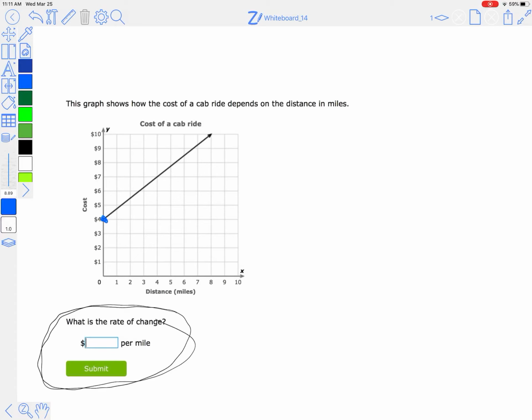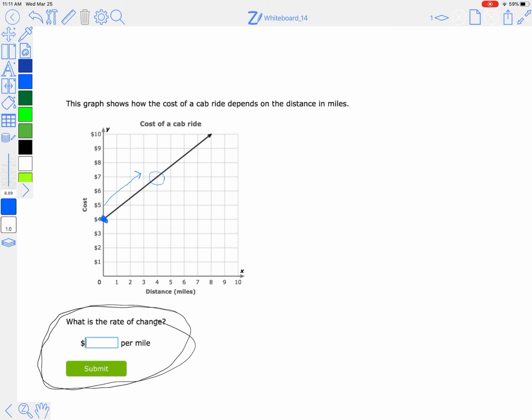And I'm going to follow up this line until I get to a nice spot where it crosses exactly on a place, and this is what I'm talking about right here.